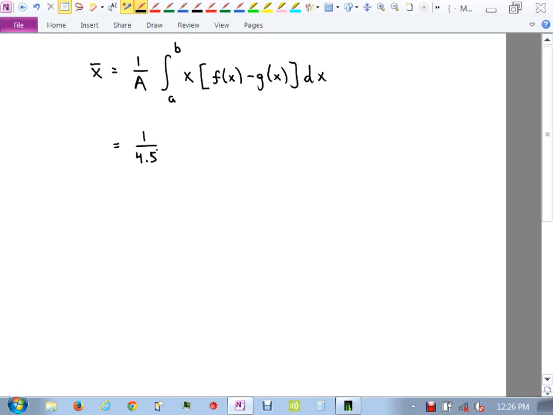It doesn't matter. I'm going to get a decimal at the end, I think. Integral negative 2 to 1 x times. Now, f minus g we just did, didn't we? Wasn't that 2 minus x squared minus x dx? So all I have to do now is take that and multiply an x through before I do an antiderivative.